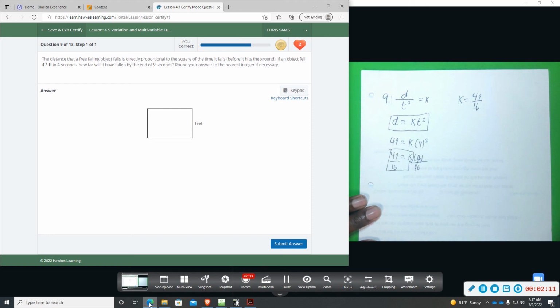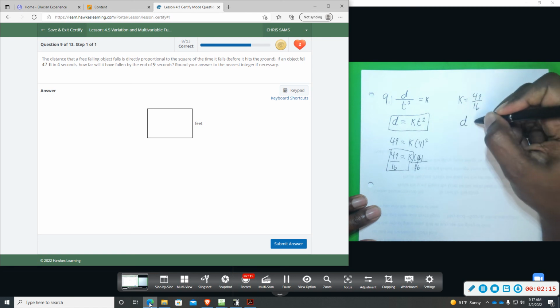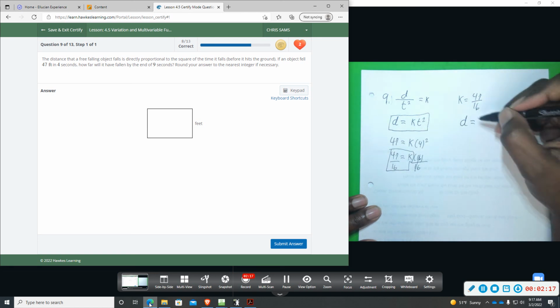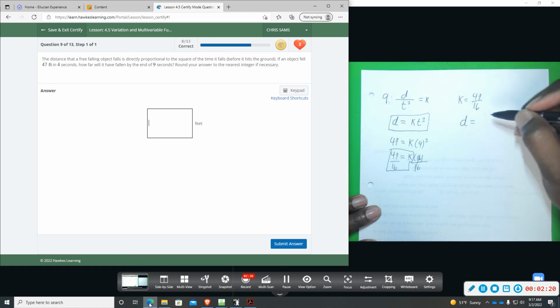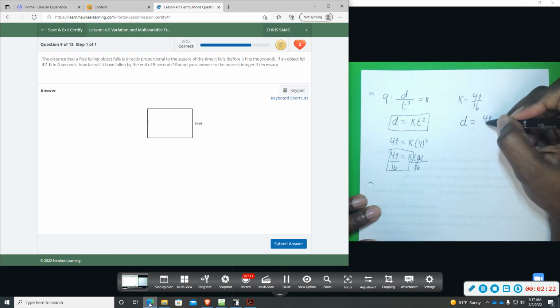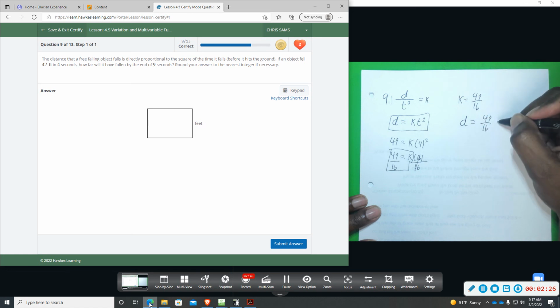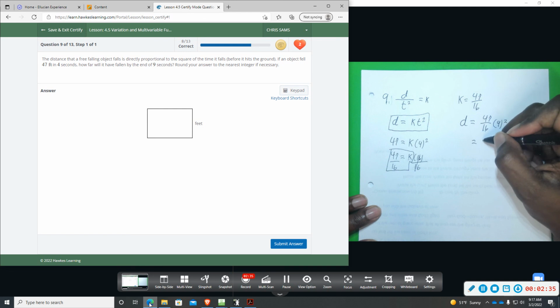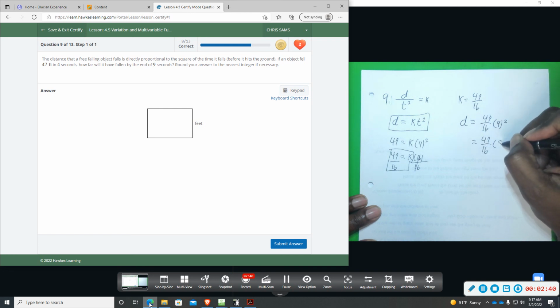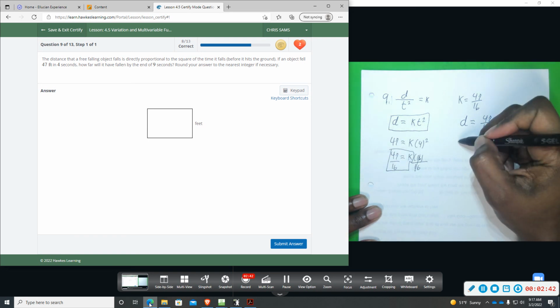All right, and now we want to know how far it will have fallen. So I want to know D, the distance. Using this formula, K was 47 over 16. I'm going to multiply by T squared. T is 9 squared. So I'm going to do 47 over 16 times 81, and that will give me my distance.